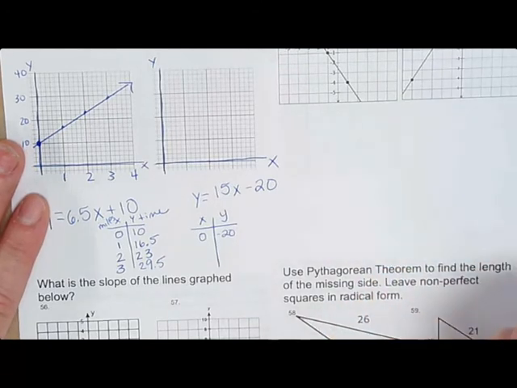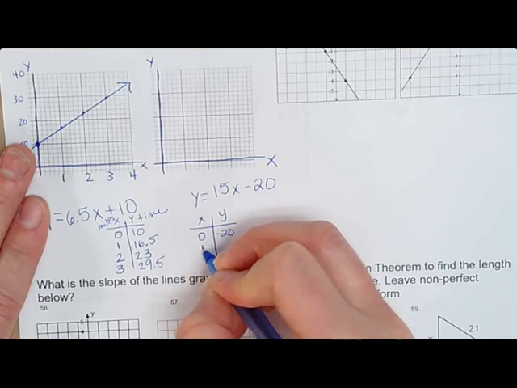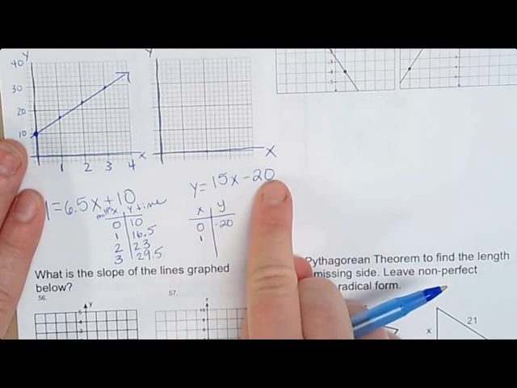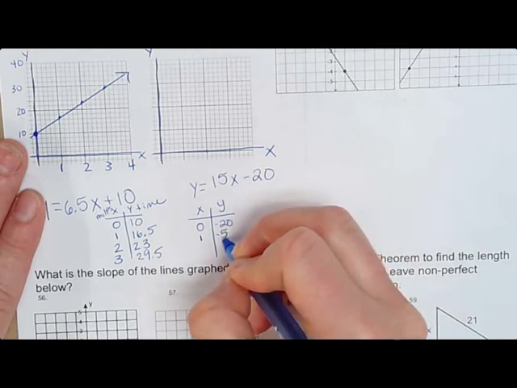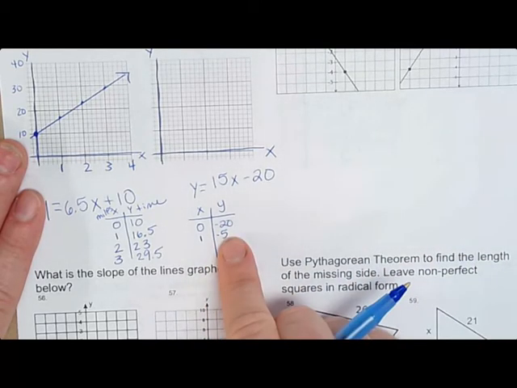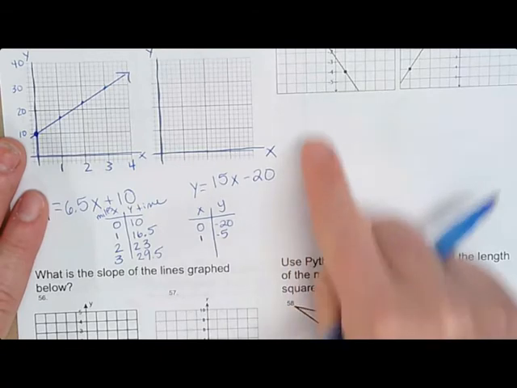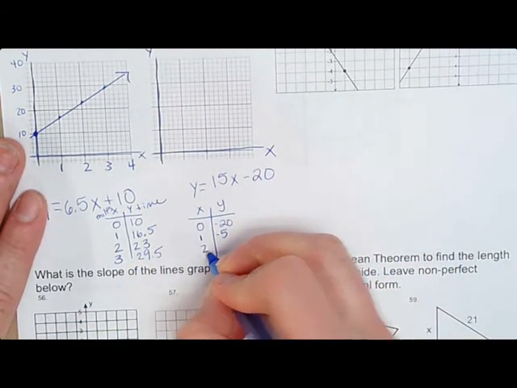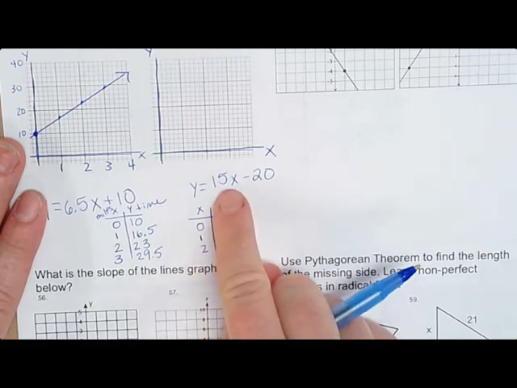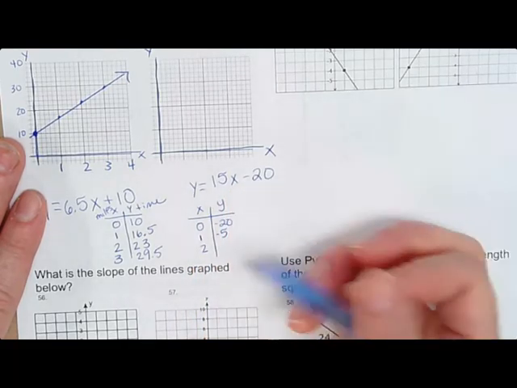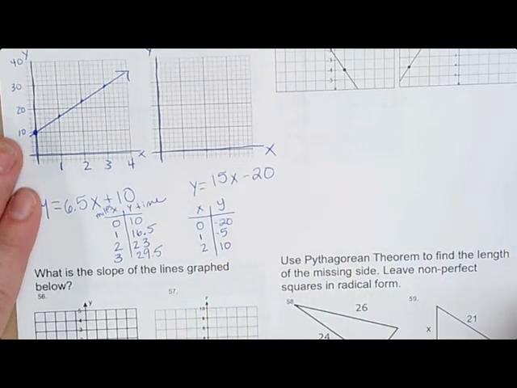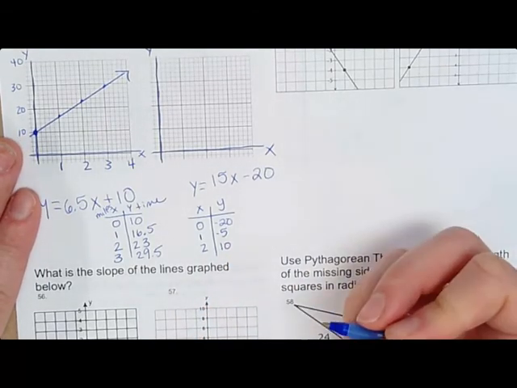It's not cash value. 1 would be 1 times 15 minus the 20, which would be negative 5. They're still not going to give you $5. So we got to keep on going because we're only in quadrant 1. Okay, and then 2. 2 times 15 is 30. 30 minus 20 is 10. There we go. So that is the first amount we can actually graph.